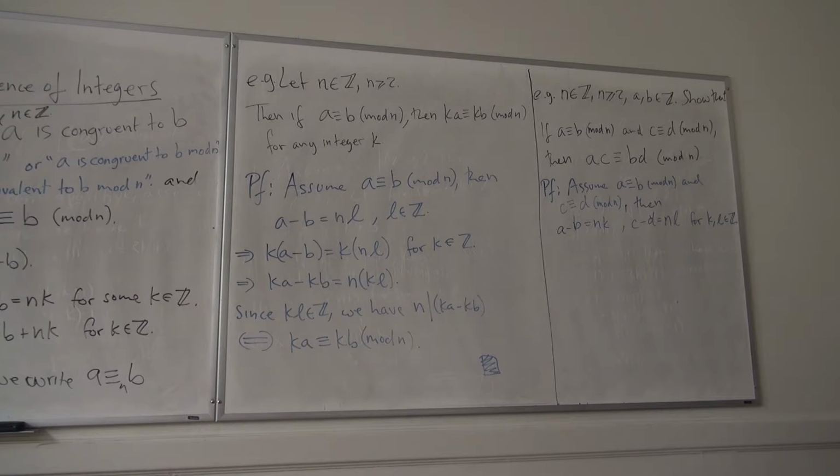So we want to get AC is equivalent to BD mod n. Can we multiply A minus B times C minus D? No. Can you solve for A and C?